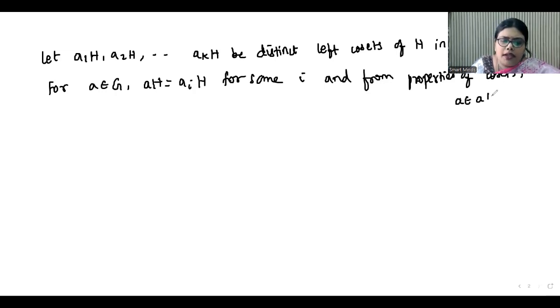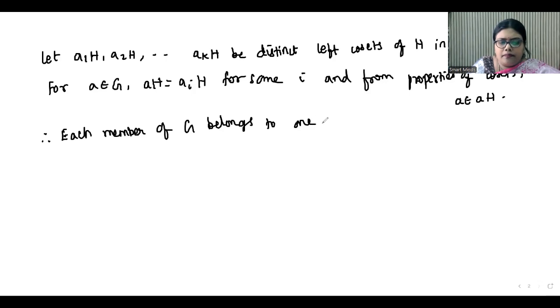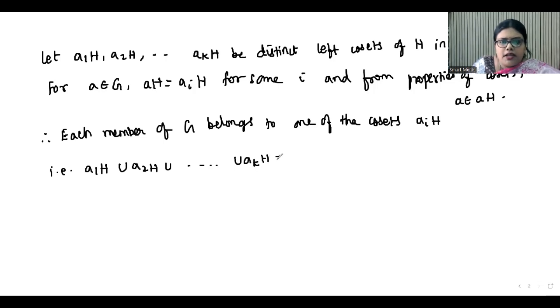A belongs to AH. Therefore, each member of G belongs to one of the cosets AIH. That is, A1H union A2H union so on up to union AKH is equal to G.